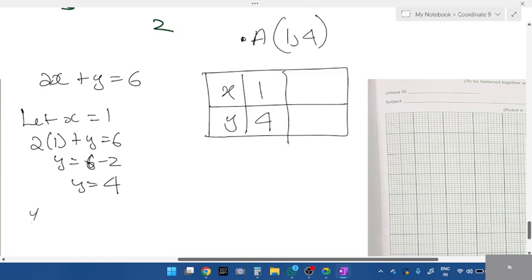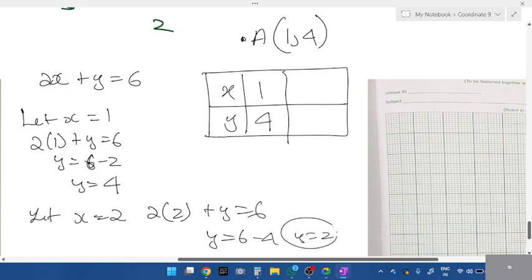Next, let x is equal to 2. Substitute, what's the value we get? 2 into 2 plus y is equal to 6. What is y, students? For x is equal to 2, what is y value?